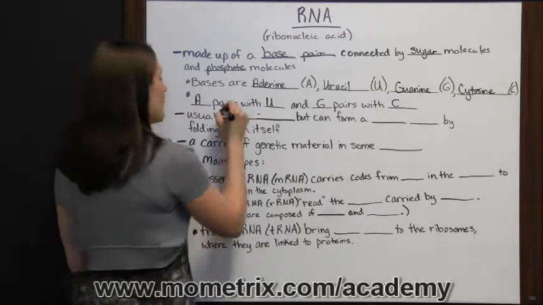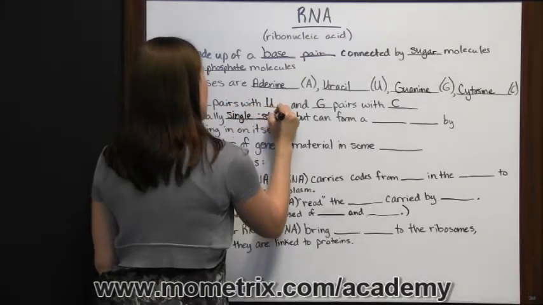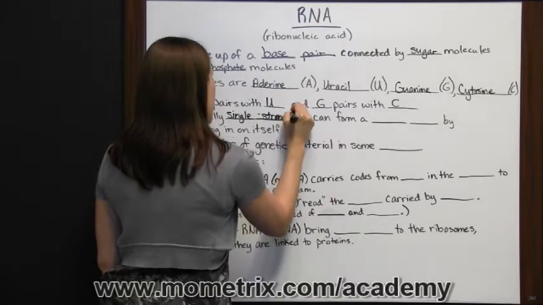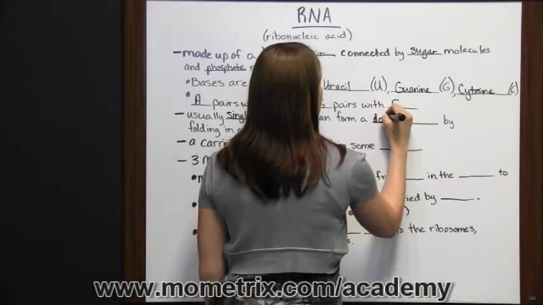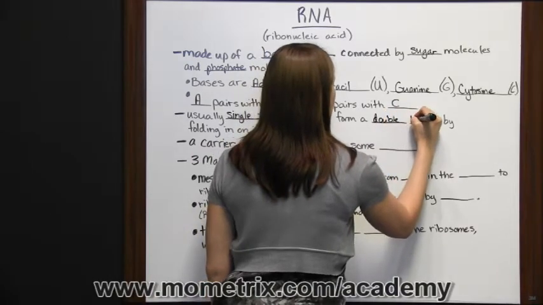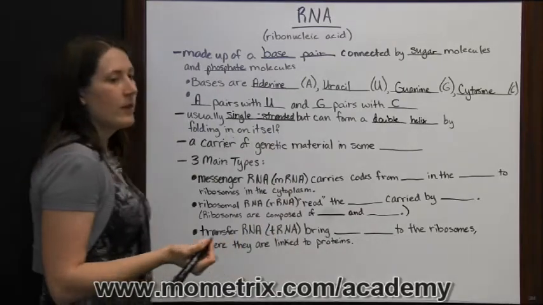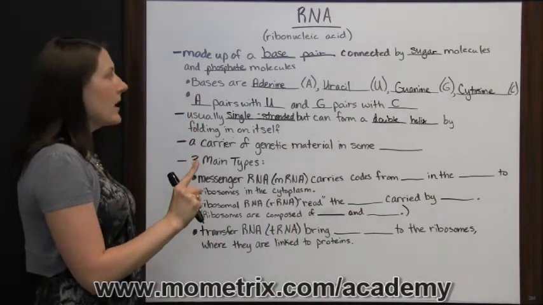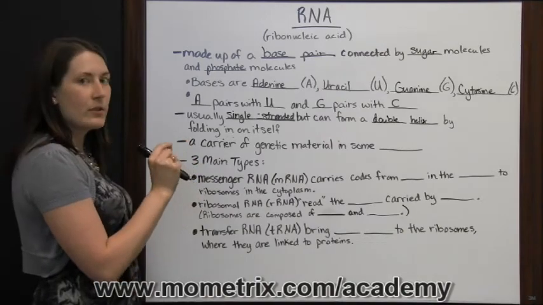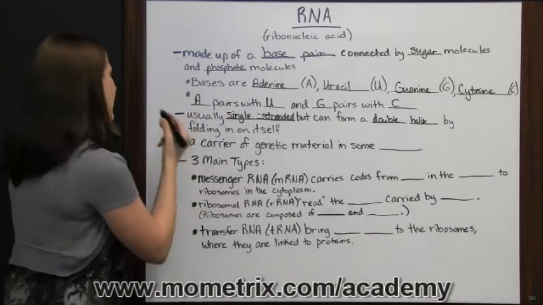Usually, RNA is going to be single-stranded. But it can form a double helix, like the shape of DNA, by folding in on itself. So you have a single strand made up of sugar molecules and phosphate molecules, and then you've got the little base pairs coming off of it.